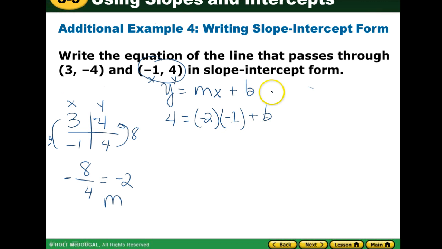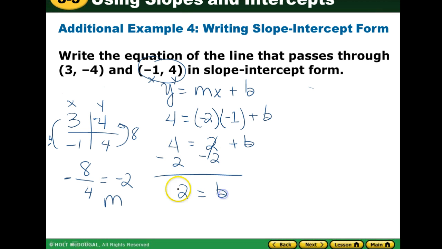And remember, we are solving for the y-intercept, so this will be 4 equals negative 2 times negative 1, which is positive 2, plus b. To get rid of the 2 we have to subtract, and 4 minus 2 is 2, and here is my y-intercept.